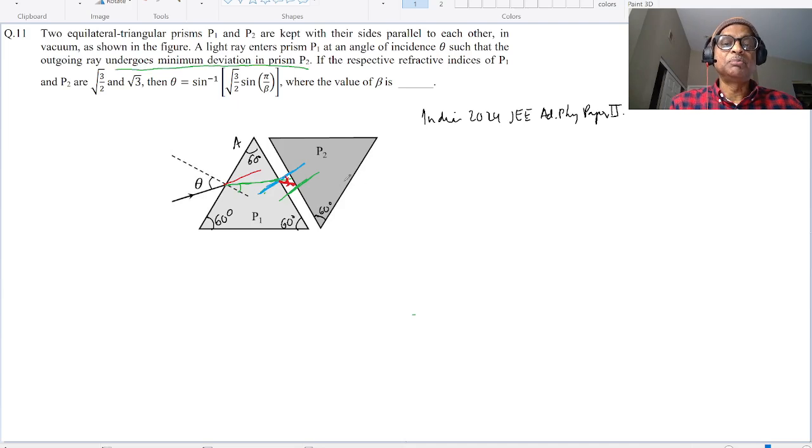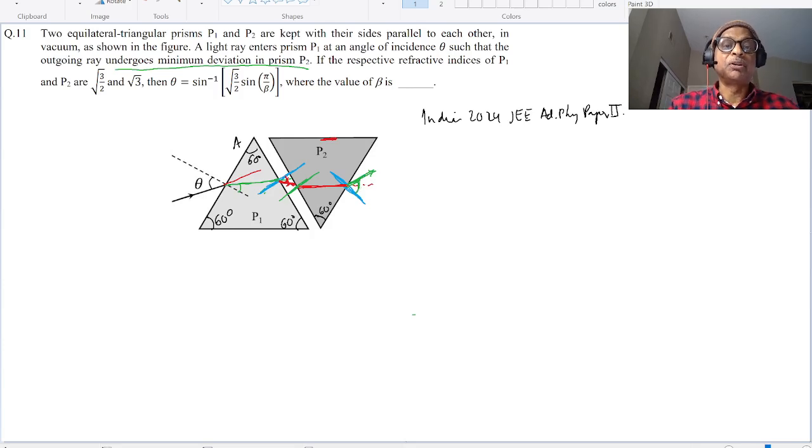Minimum deviation is going to be symmetric from this side and from this side, so it will come out parallel to this side, and then you can draw a 90 degrees to it, and it's going to come out at a larger angle.